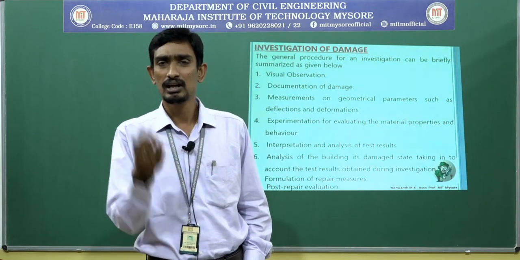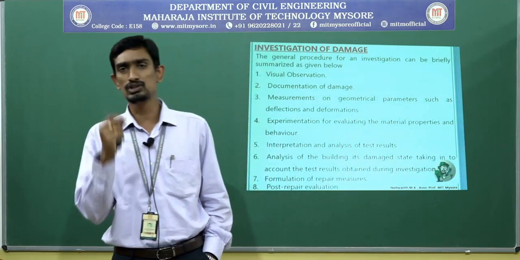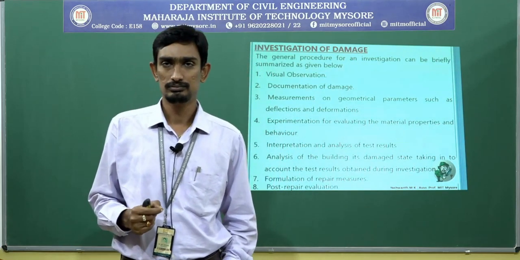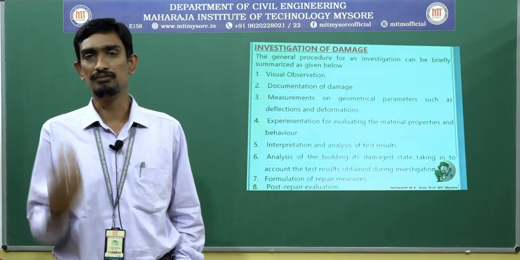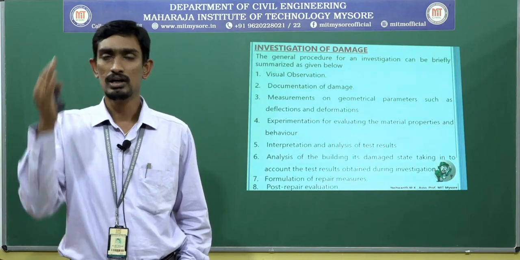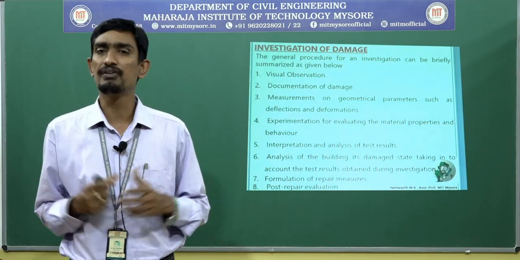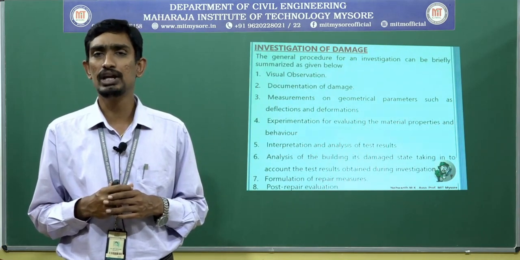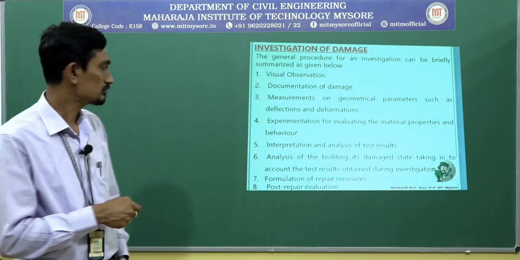If that is the case, then the load carrying capacity will vary. So all these things you need to record. That is deformation and deflections. Is it clear? Eccentricity of column, deflection of slab, deflection of beam, how much it has been deflected. All those things you need to measure and record. That is step number 3.